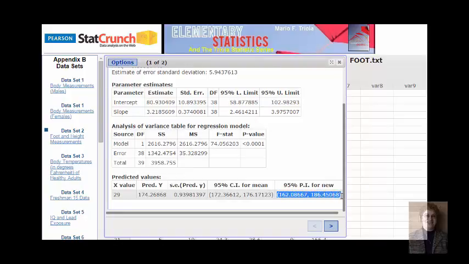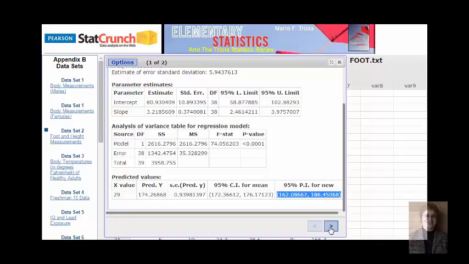And so that's how you would do that. My predicted x value is 29. The x value I was interested in was 29. My predicted y is 174. So we would do it in a similar manner.